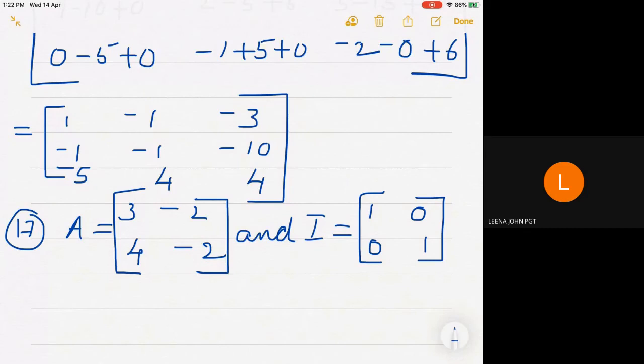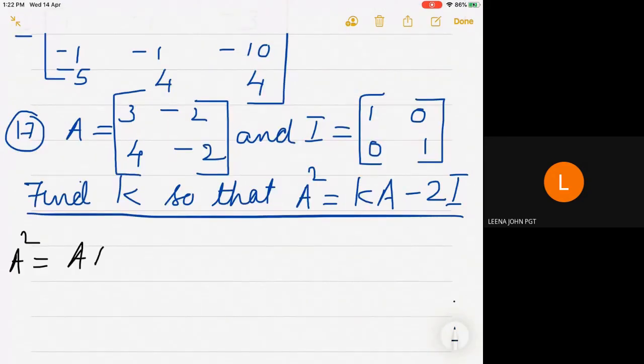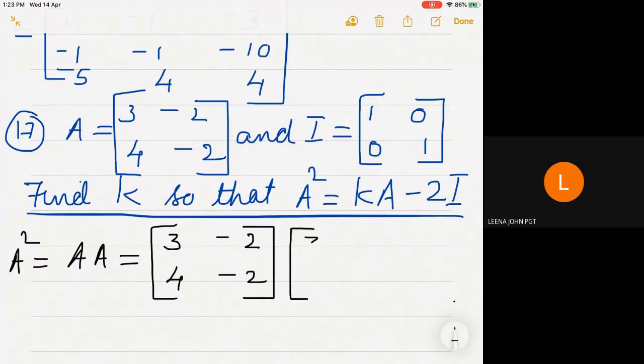Find K. So A into A, that means product of two matrices, 3 minus 2, 4 minus 2 into the same matrix.